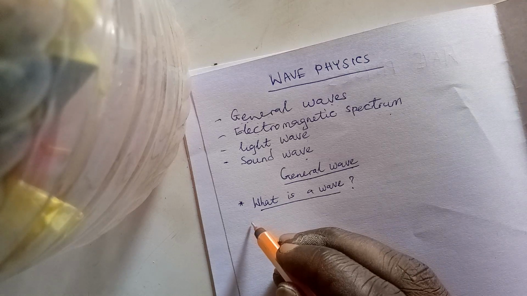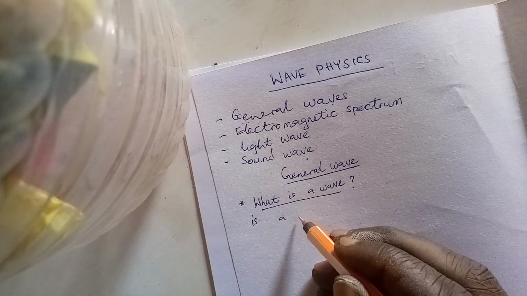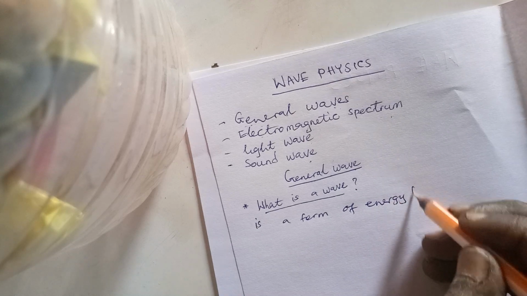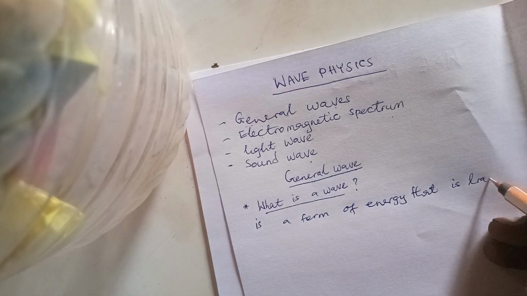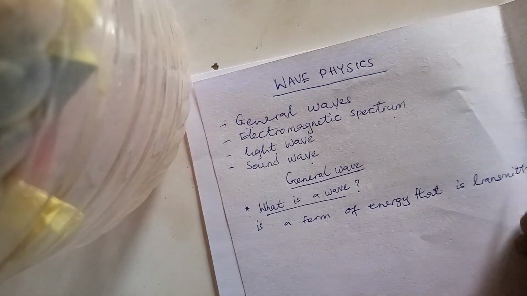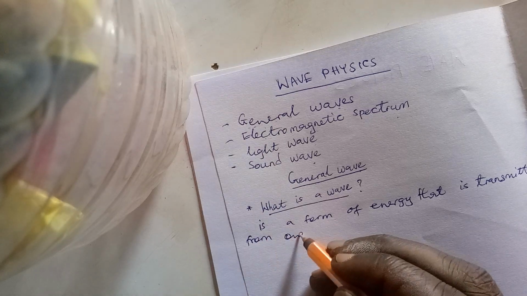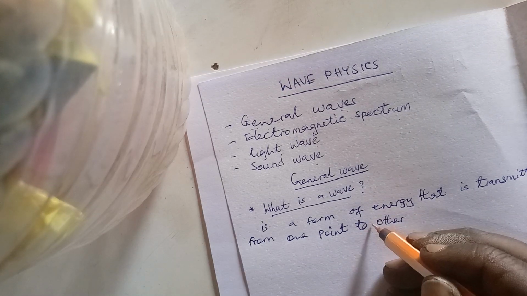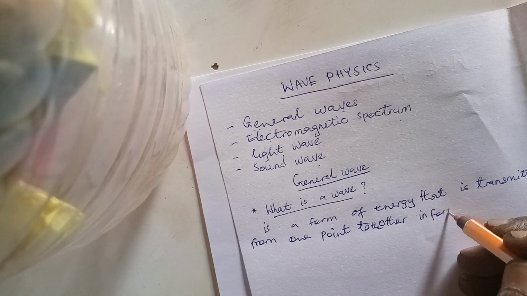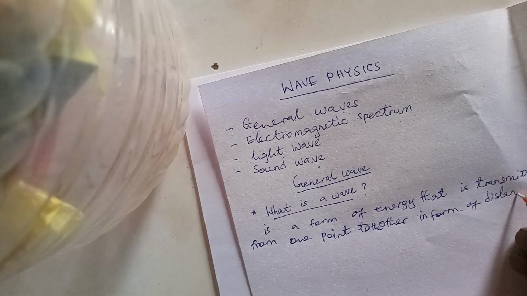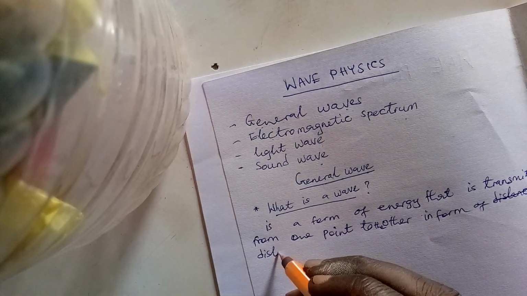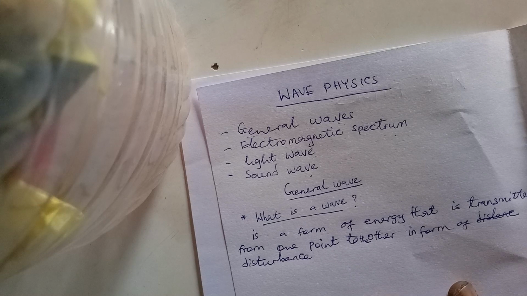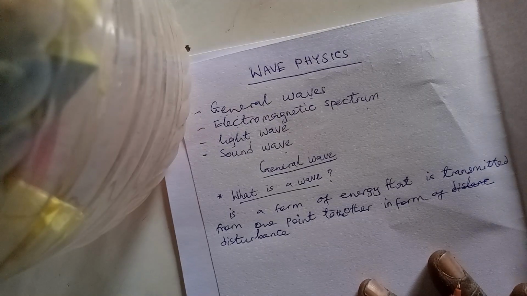A wave is a form of energy that is transmitted from one point to the other in form of disturbances.